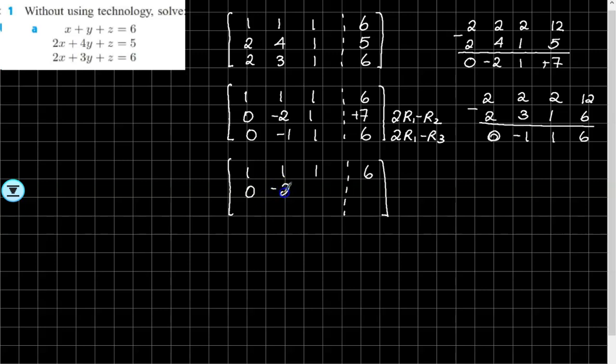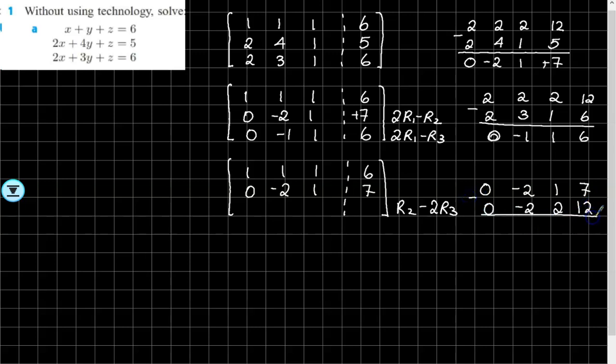Okay, so we've got minus 2, we've got 1, we've got 7. I want to get a 0 here. So I'm going to have row 2, that's a minus, and we're going to subtract 2 row 3. Agreed? 0, minus 2, 1, 7. We're going to times this through by 2, so I get 0, minus 2, 2, 12.